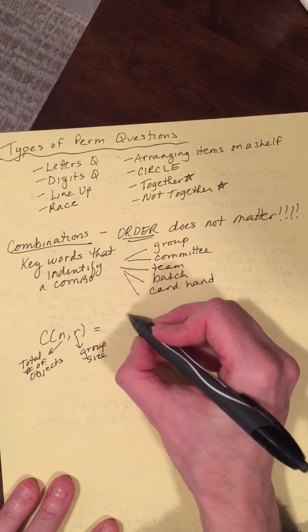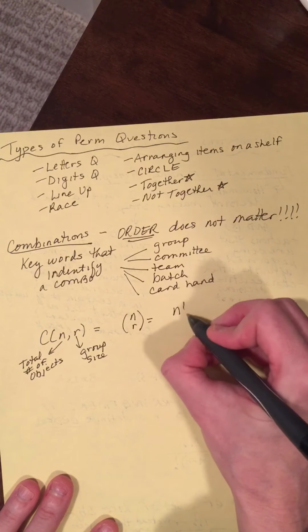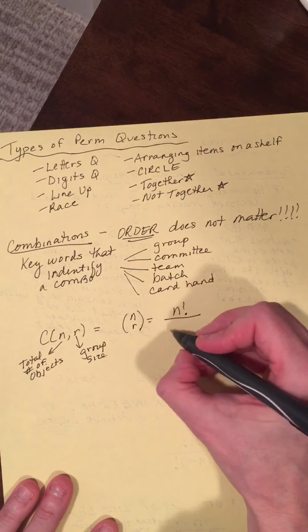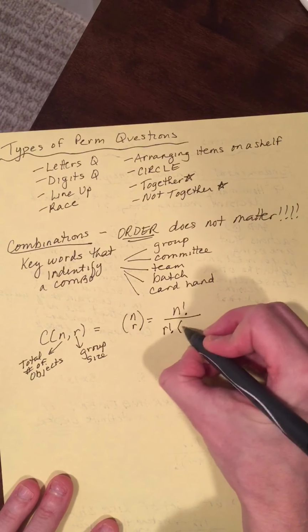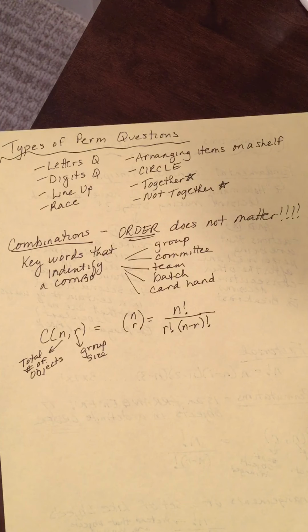And remember, a combination can also be written like this, and the formula is n factorial over r factorial times n minus r factorial. And again, that formula has to be memorized. That will not be on the test.